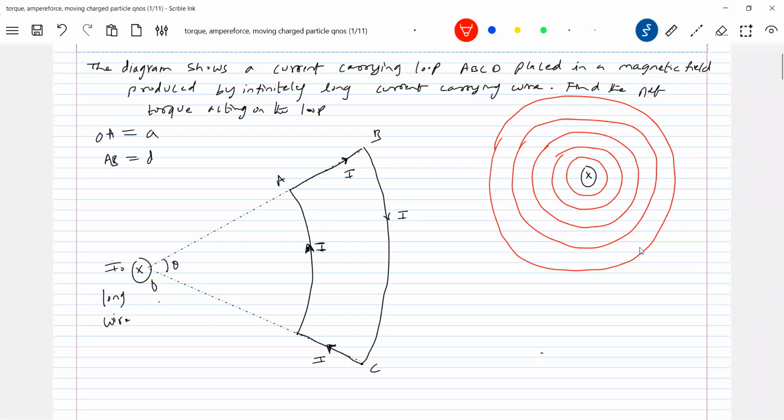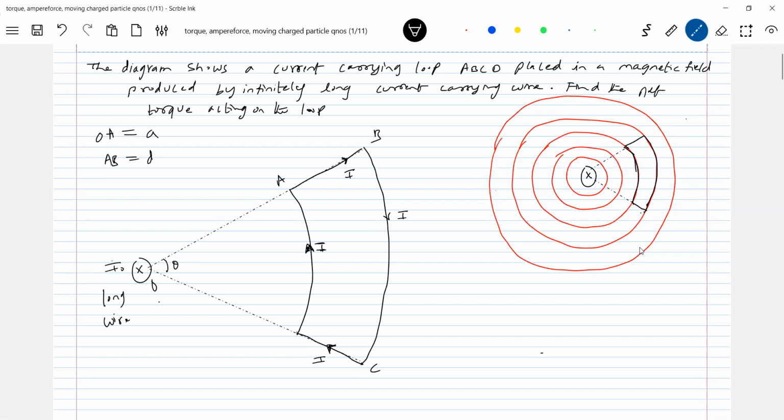And where is the loop? The loop lies here. Look at the loop like this.